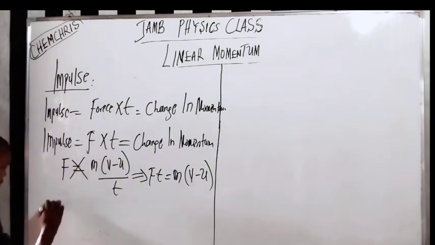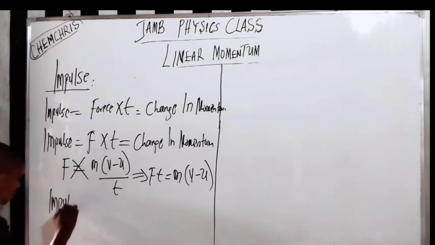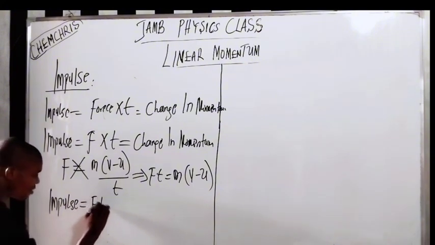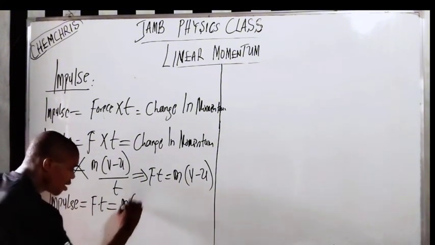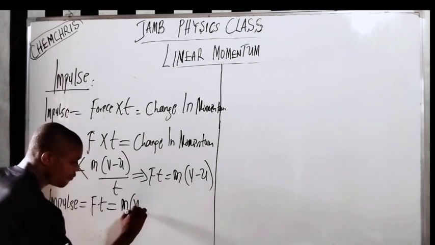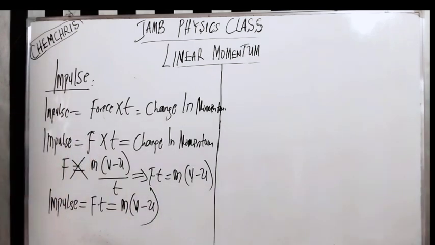So here you can now say impulse is equal to F T equals mass times final velocity minus initial velocity.